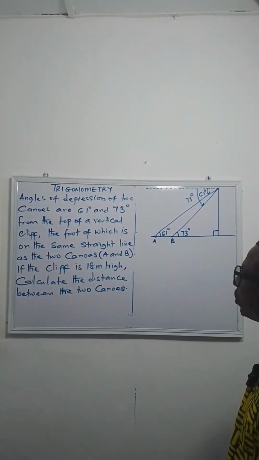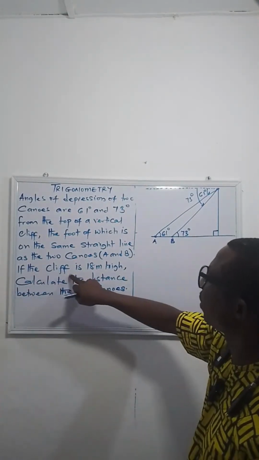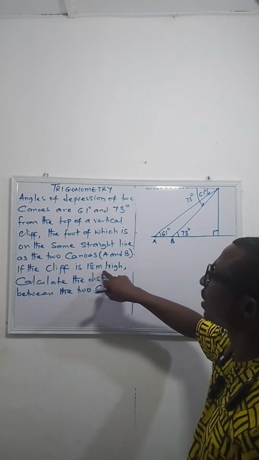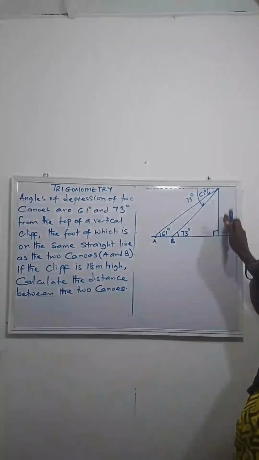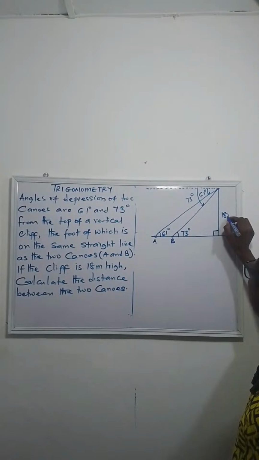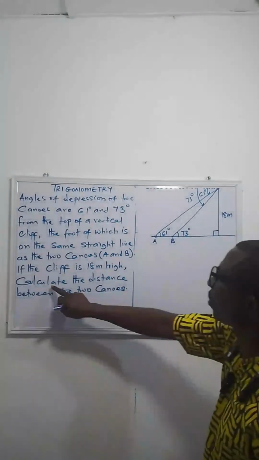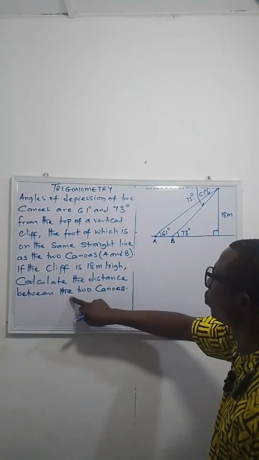Okay, what information are we given? The cliff is 18 meters high. Now what is the question? The question asks you to calculate the distance between the two canoes.